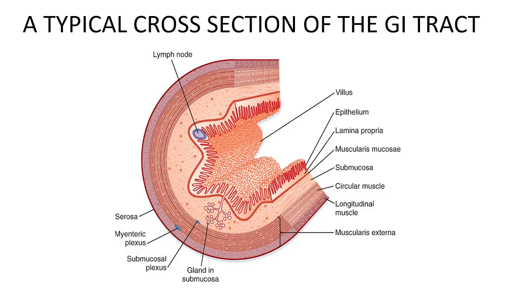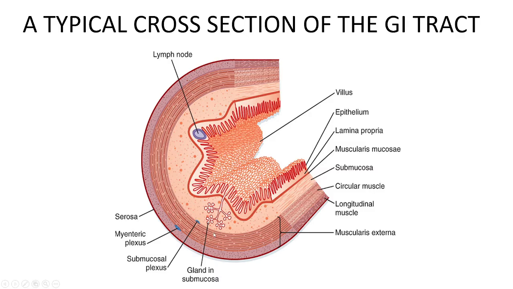There are two plexuses in the wall of the gastrointestinal tract, and we call them enteric nervous system because they can function absolutely independently of any other influences. They do get influences from sympathetic and parasympathetic, but they can also work independently, and we will discuss how they do it.